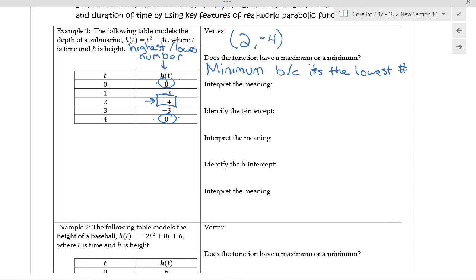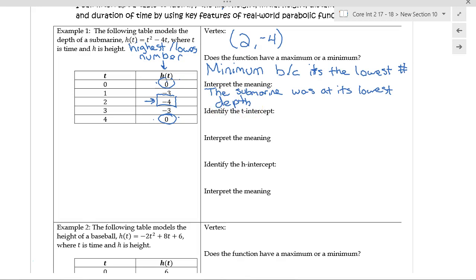All right, interpret the meaning of that maximum minimum. Well, we're talking about a submarine. So the submarine was at its lowest. We could say height, but with a submarine, we're going to talk about depth. If you say height, though, it's not wrong.